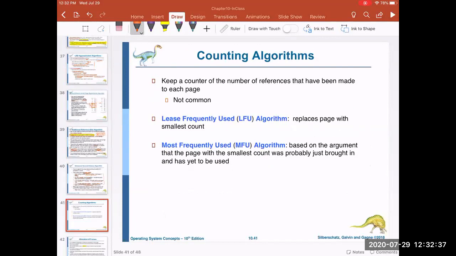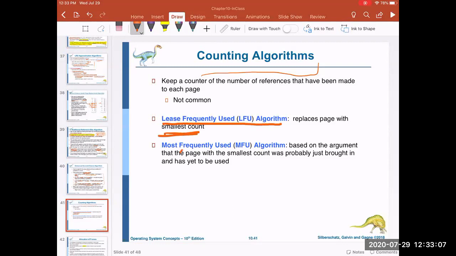Now another is the counting algorithms. Counting algorithms count the number of references. So rather than the method we have discussed with extra bits, there may be special counters we initialize, so that whenever there is a reference, the counter goes up. For that, we have the least frequently used algorithm, which means we replace the page with the smallest count.